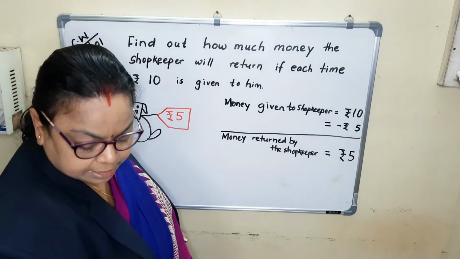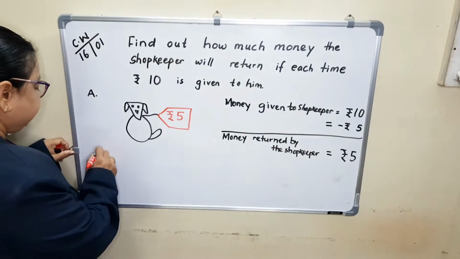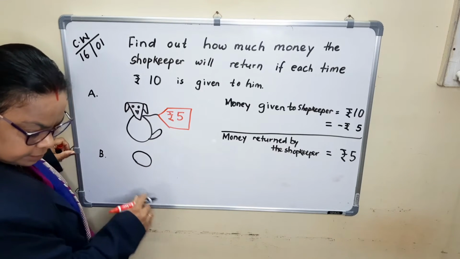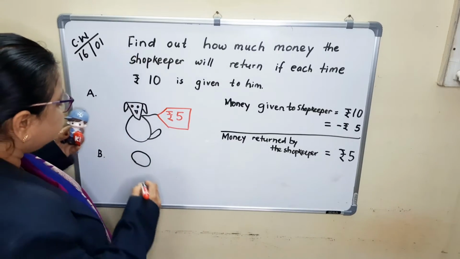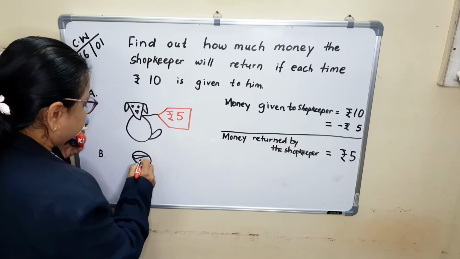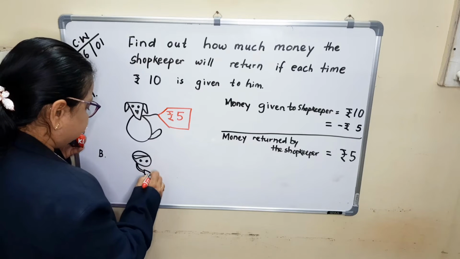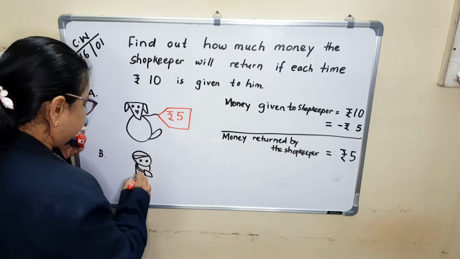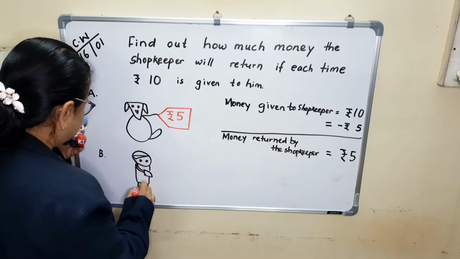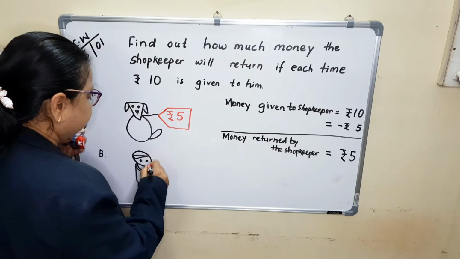Okay children. Now children, you see in the second case, it is a doll. Children, you see this doll. The doll cost is, children, 2 rupees.